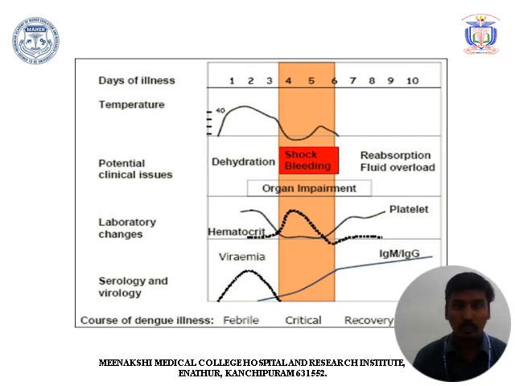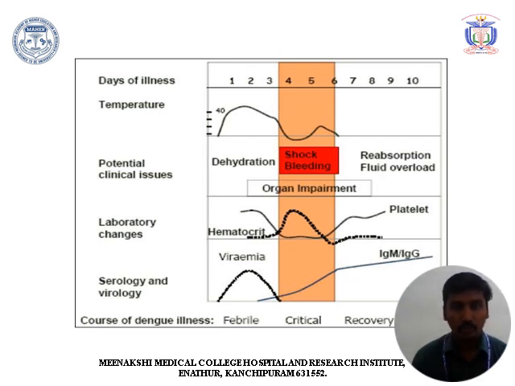So this picture depicts the classical three phases of dengue fever. The febrile phase lasts for 2 to 3 days, the critical phase lasts for 2 to 3 days, followed by the convalescent or recovery phase which lasts for 1 to 5 days. In the febrile phase, the patient has high grade fever with myalgia, vomiting, abdominal pain.